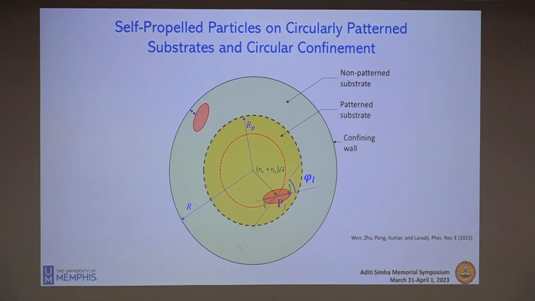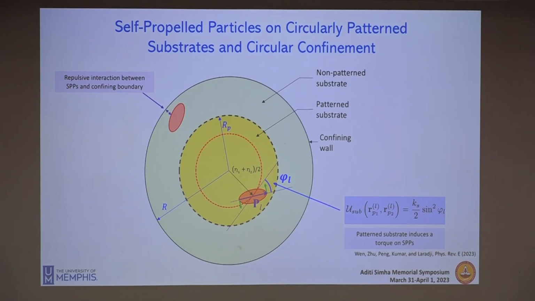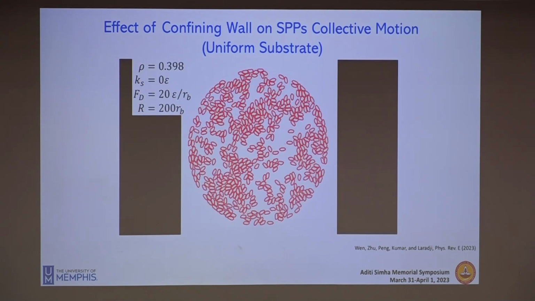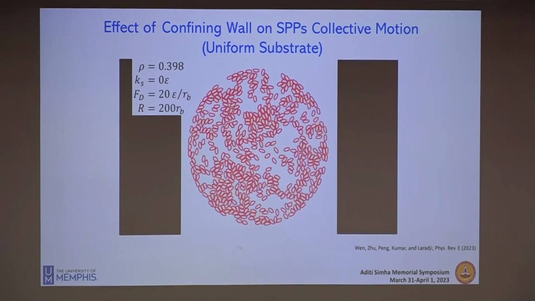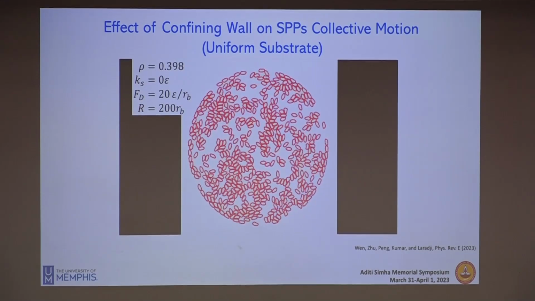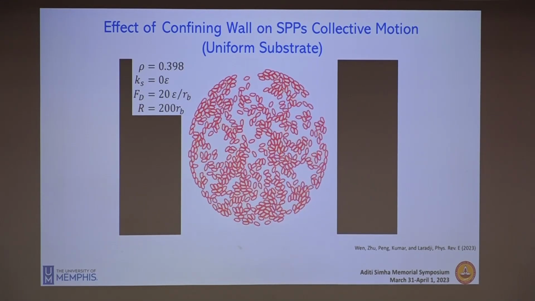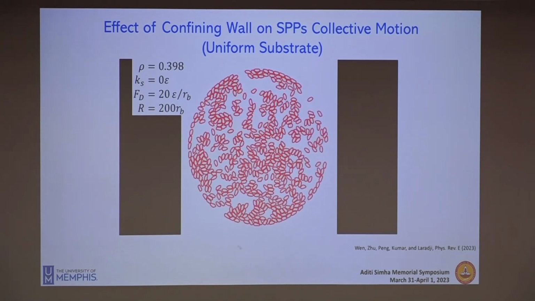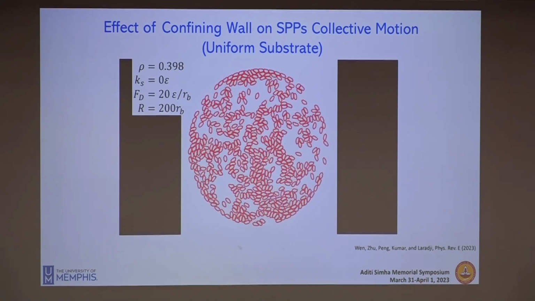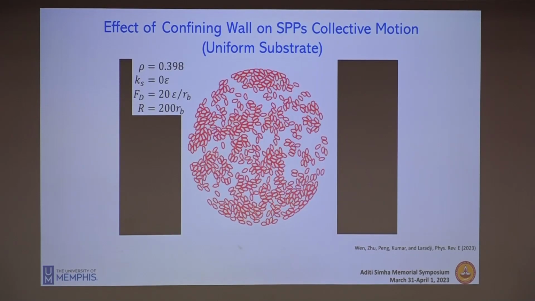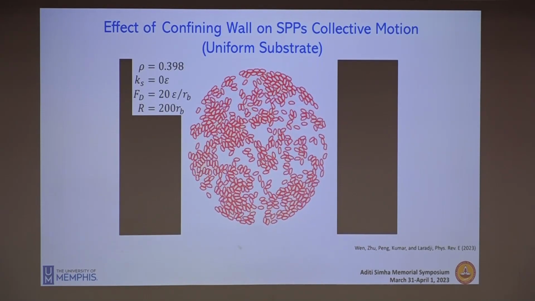That's basically the interaction between the substrate and the particles. So this is just a case where the substrate is uniform. There are no grooves, if you want, and the driving force is not very high.